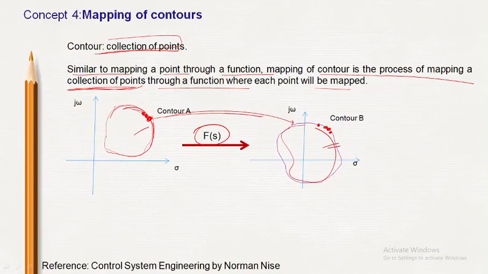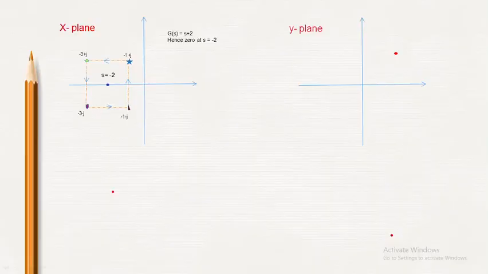Whatever contour you get is not very random. There are actually some peculiarities which we can see while the mapping is done. Those peculiarities are very, very important, and they will direct us towards the concept of Nyquist. So just bear with me for a few minutes more, and then you'll clearly understand what we are actually doing in the Nyquist criteria. Let us understand this with the help of an example.